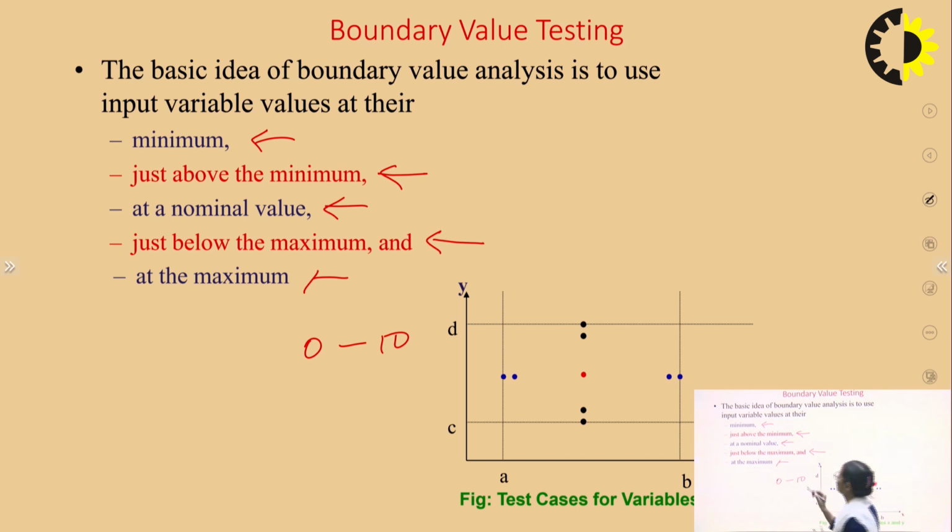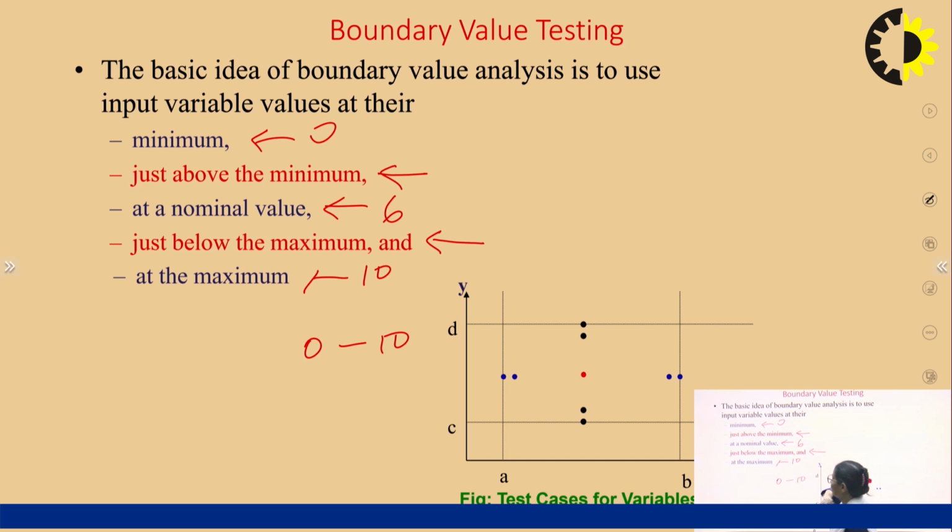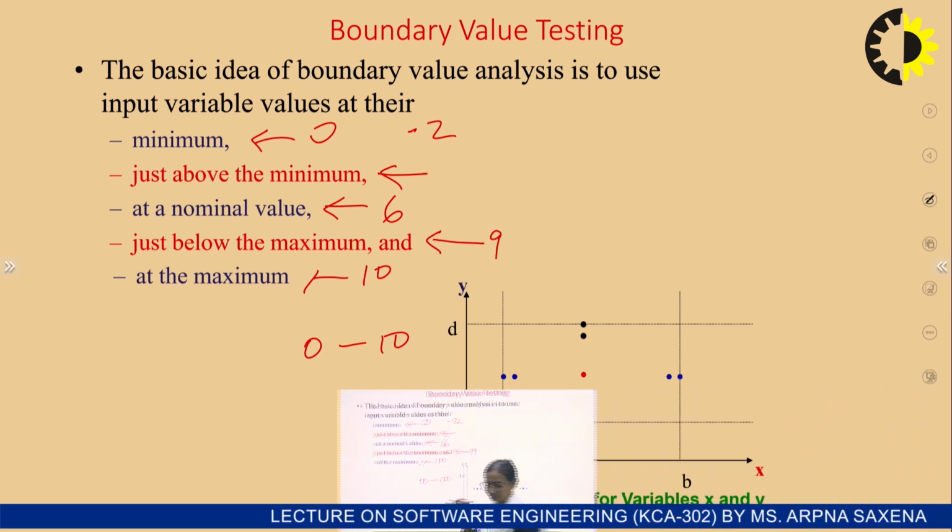So the minimum is 0 and the maximum is 10. The nominal could be any value, let us suppose it is 6. Just above the minimum, and just below the maximum, it could be 9.